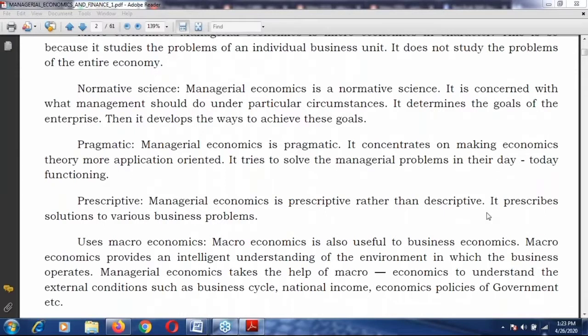The factors that govern the demand forecast include, first, prevailing business conditions.